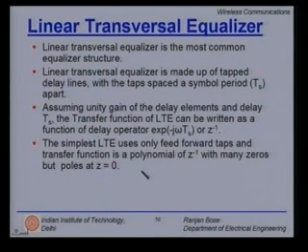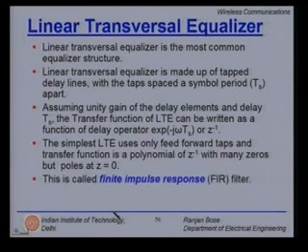The simplest LTE uses only feed forward taps and the transfer function is a polynomial of z inverse with many zeros, but poles only at z equal to 0. This is called a finite impulse response or FIR filter. So, a linear transversal equalizer can be simply represented as a FIR filter. There is no feedback.